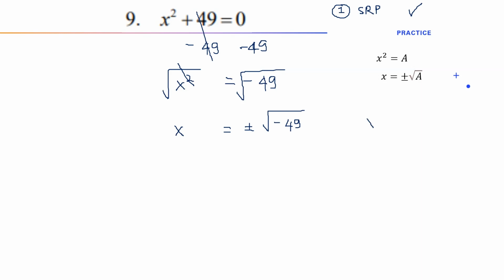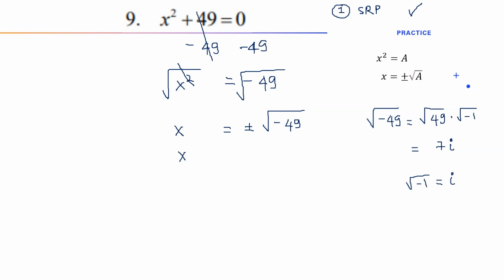And what is the square root of a negative number? That is square root of 49 times square root of negative 1. That's 7i. Remember, square root of negative 1 equals the imaginary number i.